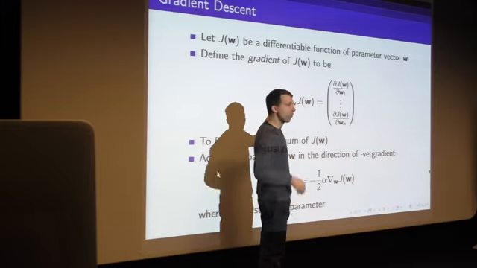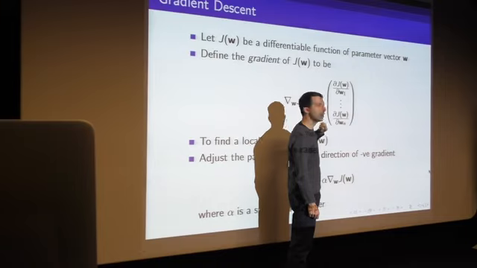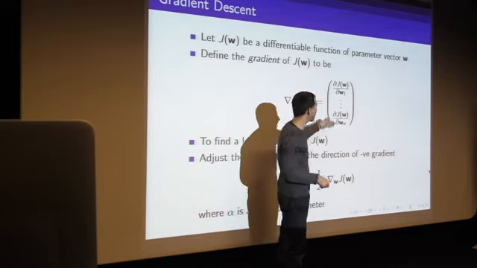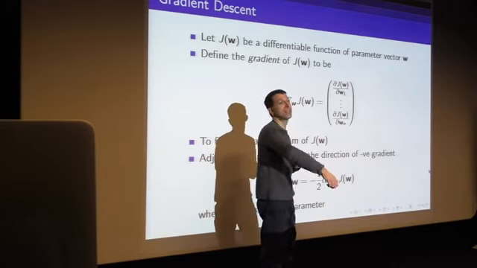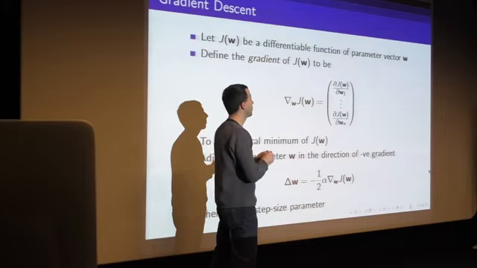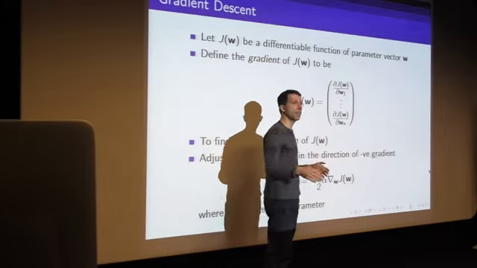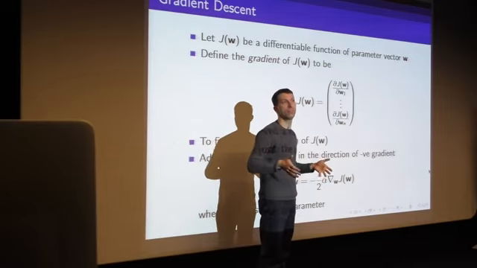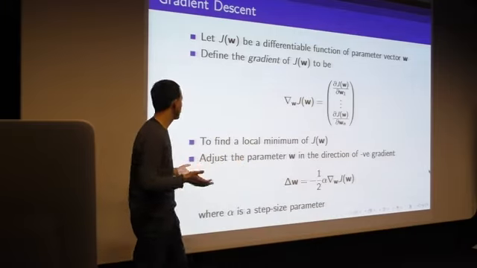What we're going to find the gradient vector to be is the vector of partial derivatives with respect to each of our parameters in turn. So this vector basically tells us the direction of steepest descent or steepest ascent. And we're going to follow this downhill. So this thing tells us, if I'm on some surface, which way is down? And I want to follow that down my surface in the steepest possible way.